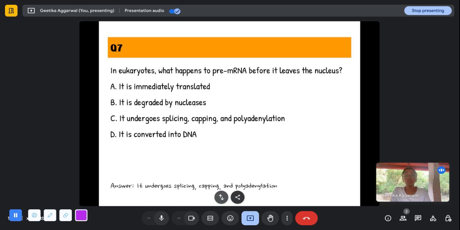So, the answer to this question is that it undergoes splicing, capping, and polyadenylation.